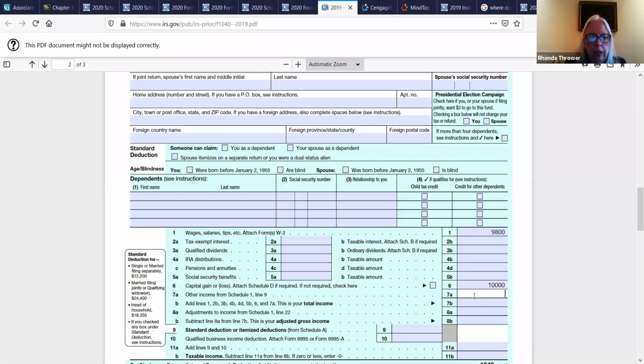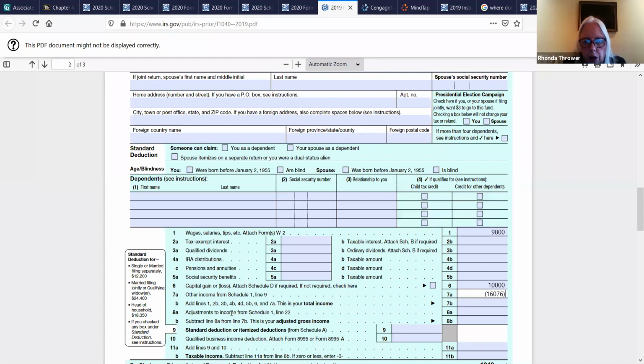So line 7A was actually a loss of 16,076. And again, this loss comes right off of Schedule E. It goes from Schedule E to Schedule 1, and from Schedule 1 to the 1040 form.